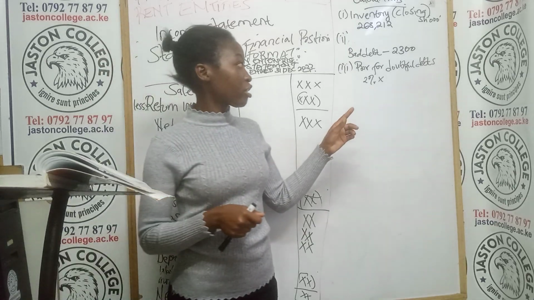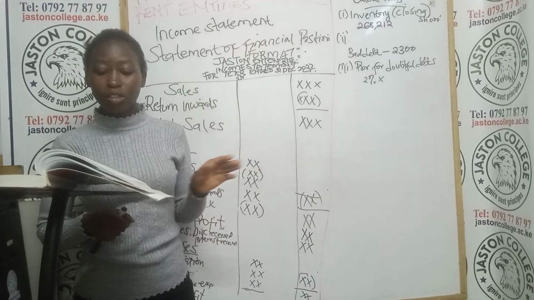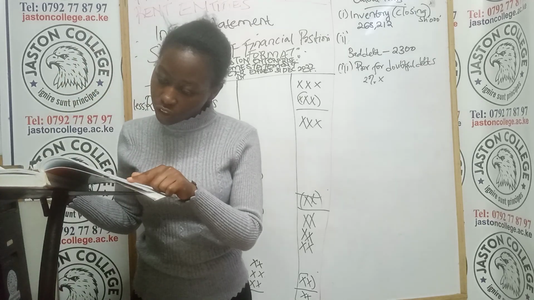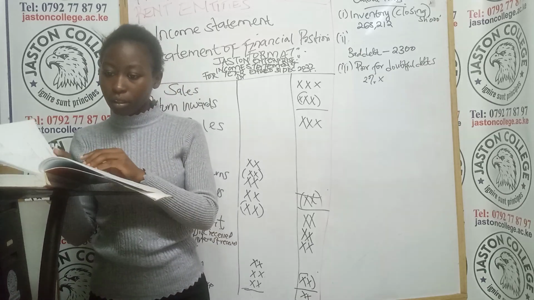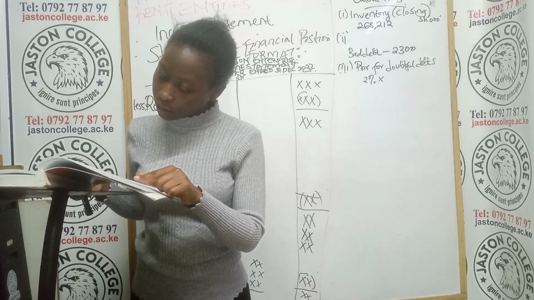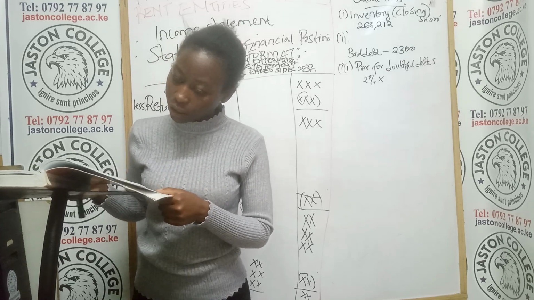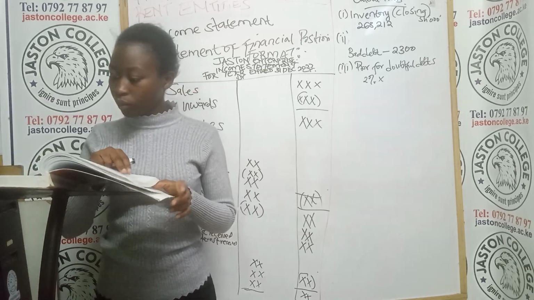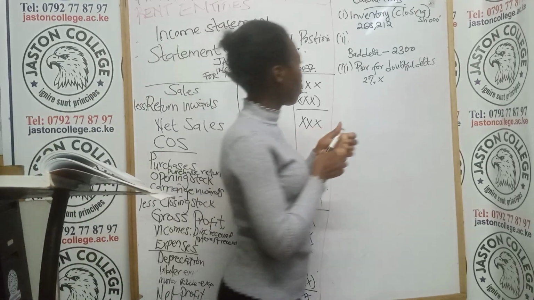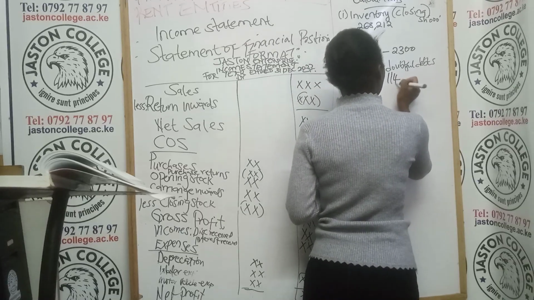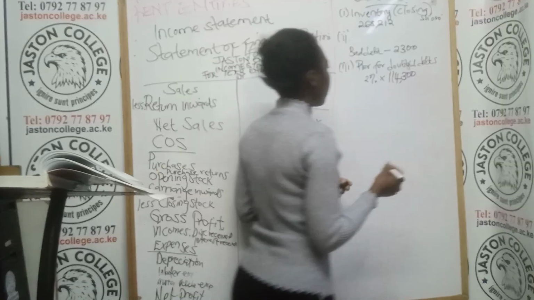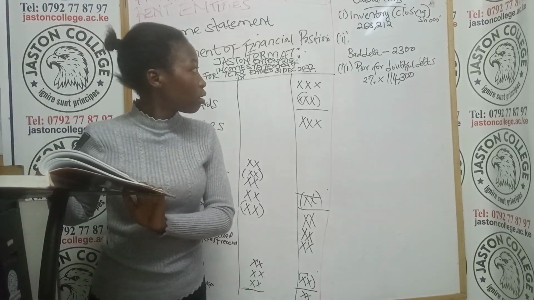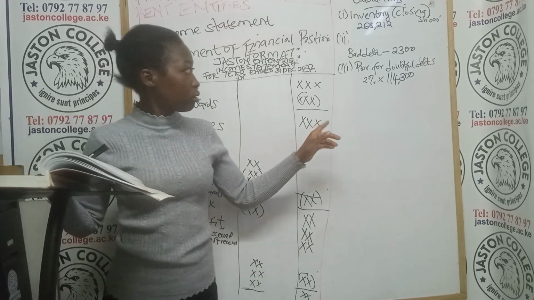So in our accounts receivable, we are going to take 2% of our accounts receivable, which is 114,300, 2%.